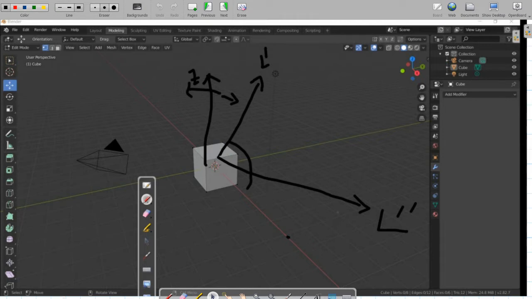Now your next task will be to align this line L double dash with your primary axis, say x-axis. For that you have to find the angle of the line L double dash with the primary axis x-axis.